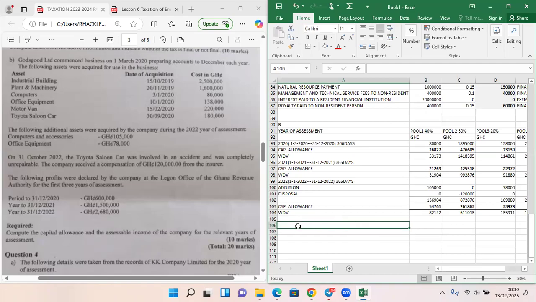So accessible income for year of assessment. Right. Now this is the net profit. Net profit is here.